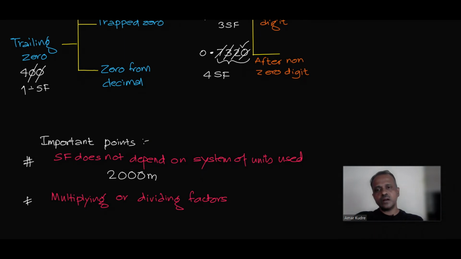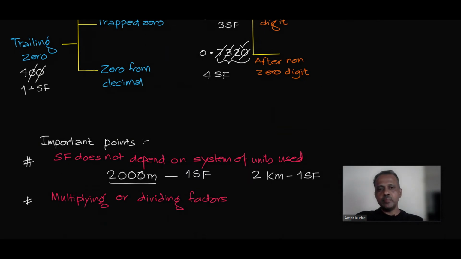If I ask you how many significant figures are there in 2000 meters, you will say, yes sir, these three zeros are being followed by 2, so these are non-significant, so this has only one significant figure. Now, if we convert this 2000 meters into kilometers, it will be 2 kilometers. So 2 kilometers will also have one significant figure.